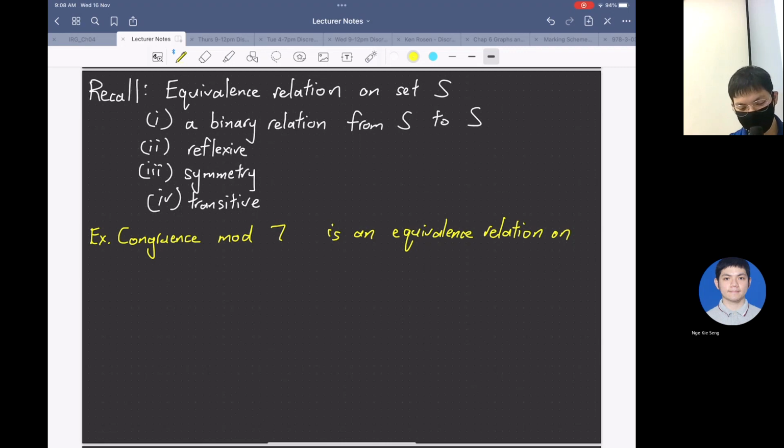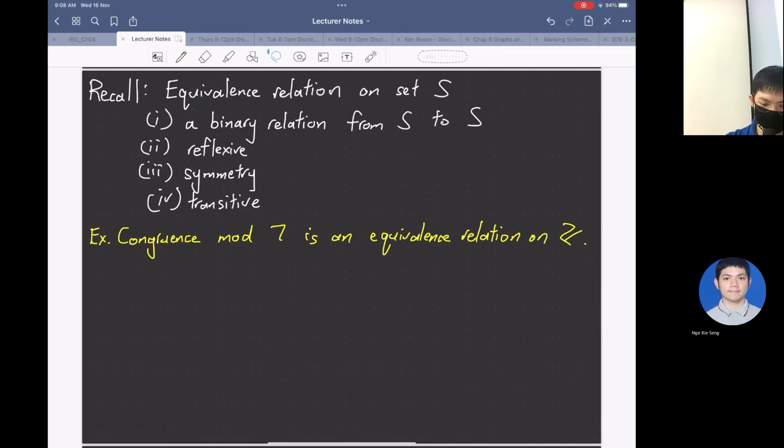I mean, it's a congruence relation on what set? Yeah, integers. So it's a binary relation on the integers, where a is related to b if a and b have the same remainder mod 7.